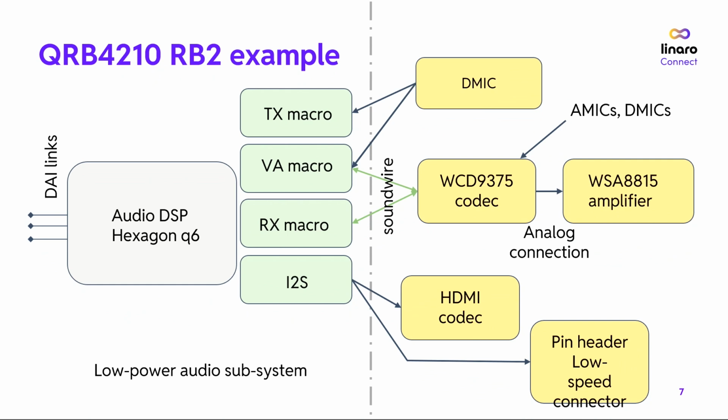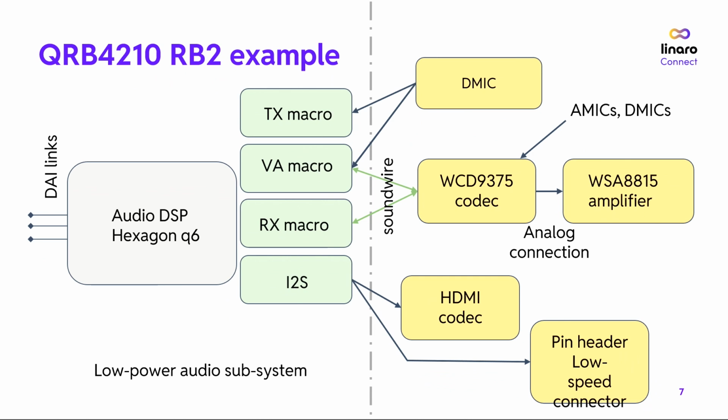So on RB2, I2S goes into the HDMI codec, or the pins are exported on the low speed connector if you toggle the switches.